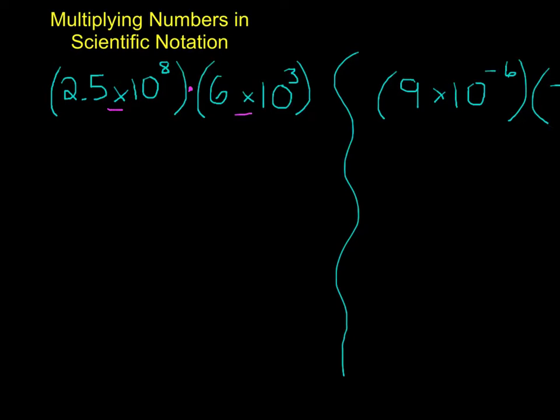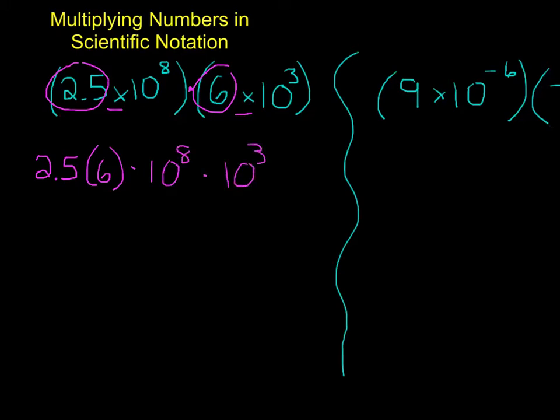So if you break it up, it's really just four numbers being multiplied together, and you can multiply in any order. So I'm going to bring my coefficients in front, and I'm going to do 2.5 times 6, and then I'm going to multiply my powers. So times 10 to the 8th times 10 to the 3rd. So all I did was rewrite my four numbers in a different order, grouping them together.